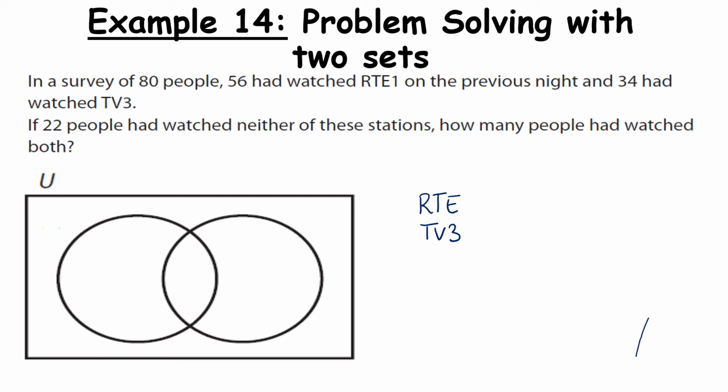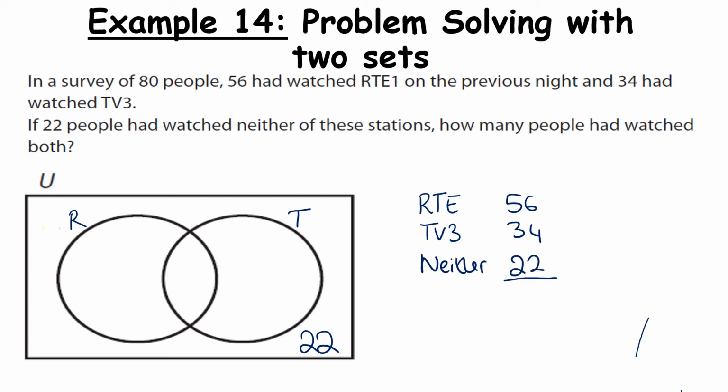So I'm going to call this set A, and I'm going to call this B. Well, actually, it'd probably be better for me to use R and T. So there's RTE and there is TV3. 22 people watched neither. So we have 56 watched RTE, 34 watched TV3, and then neither, so 22 watched neither.